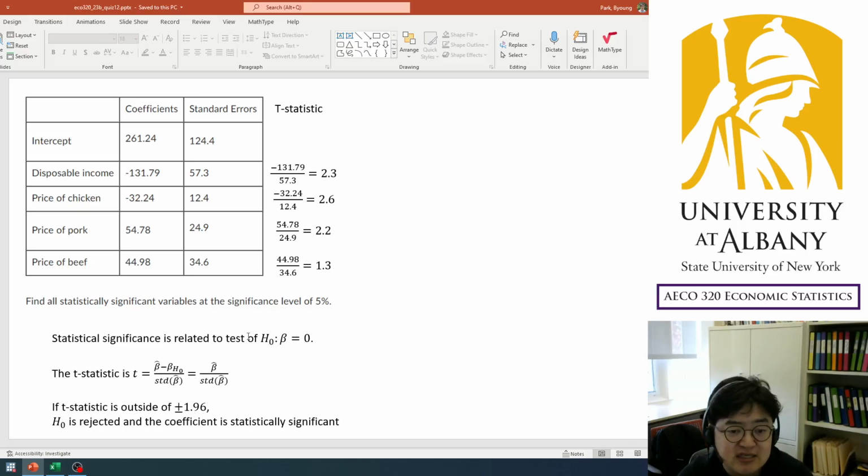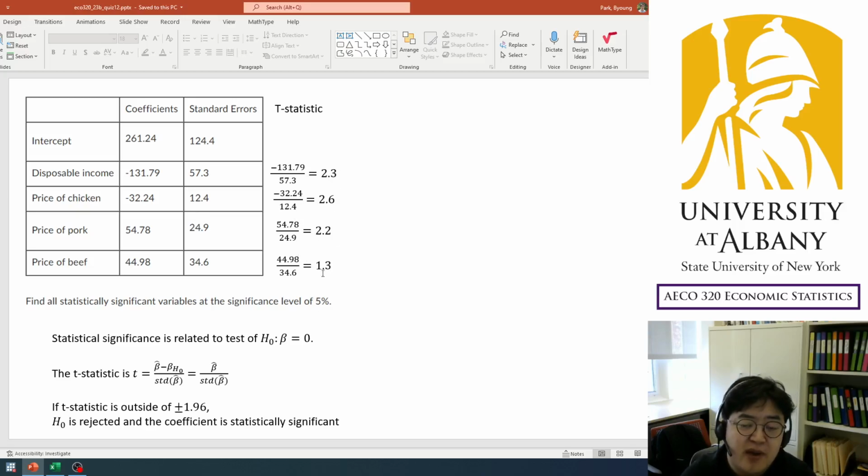But as I said, we are interested in hypotheses about 0, so beta under H0 is 0. So simply your t-statistic is the ratio between your point estimates and standard errors. Just ratios. The ratios are simple.